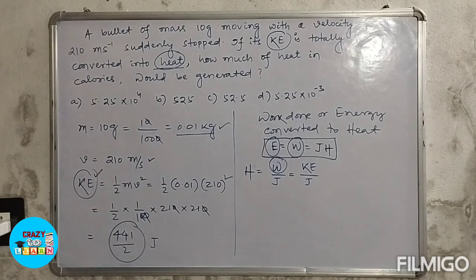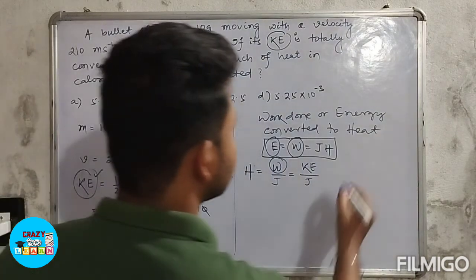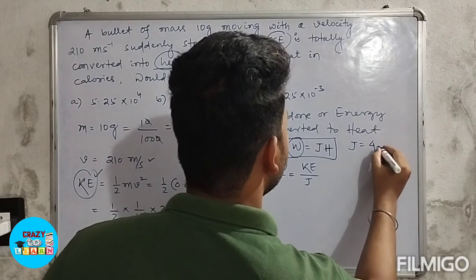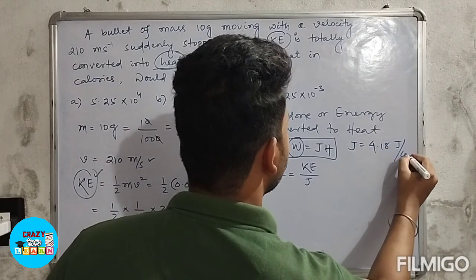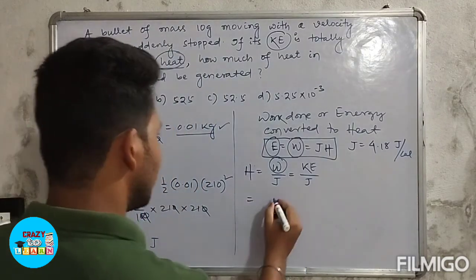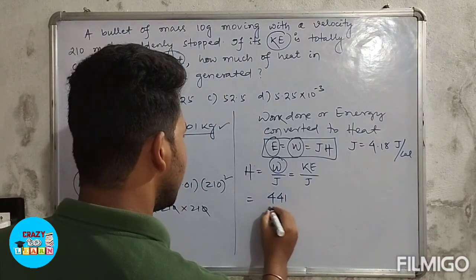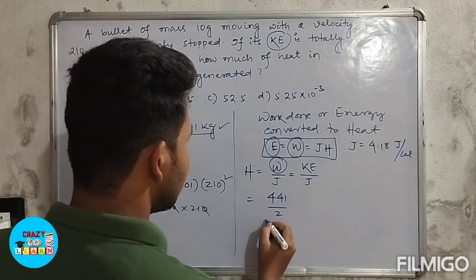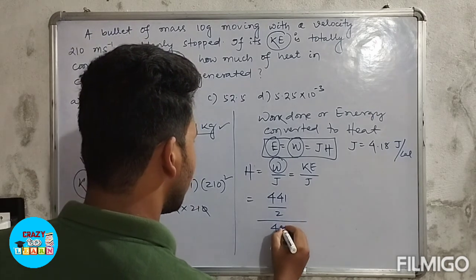And the J value is 4.18 joule per calorie, already we discussed. So put the value of kinetic energy that we got here, 441 divided by 2, divided by again 4.18.